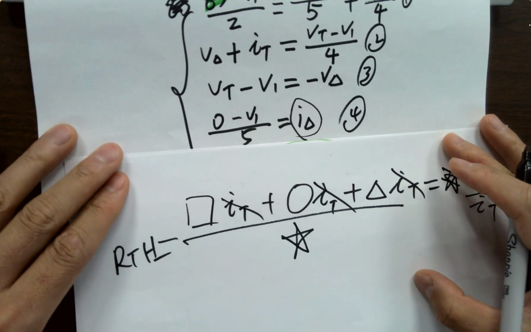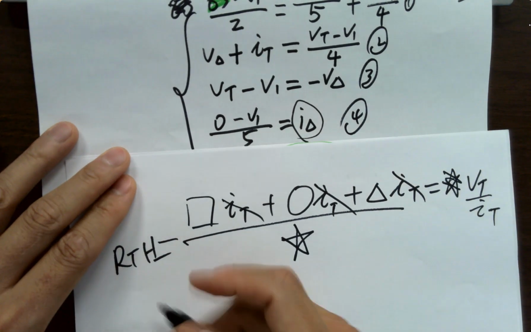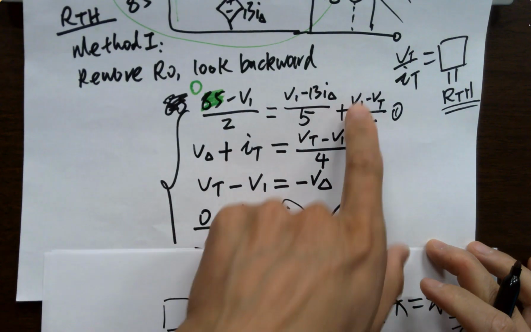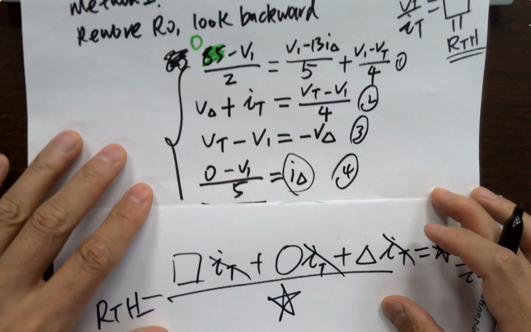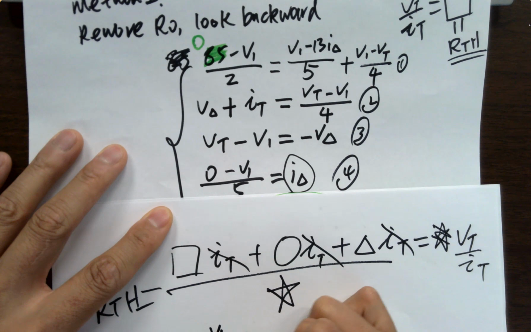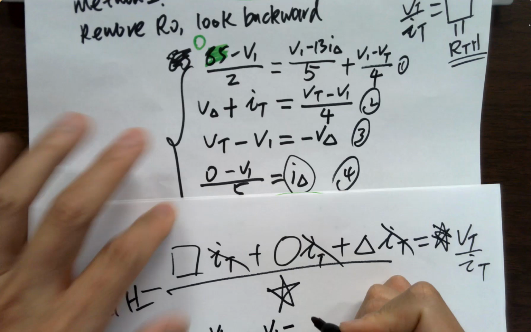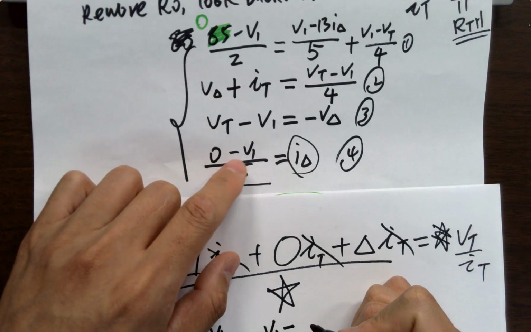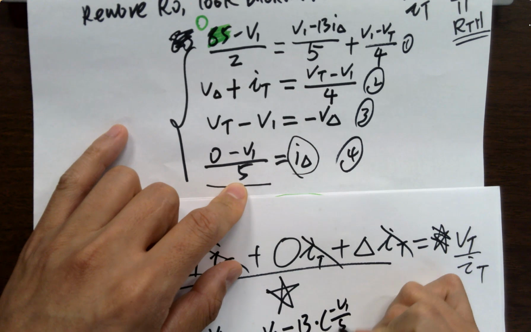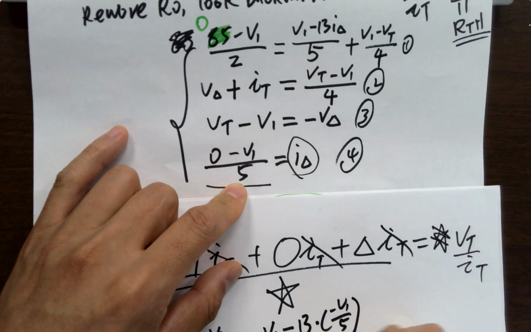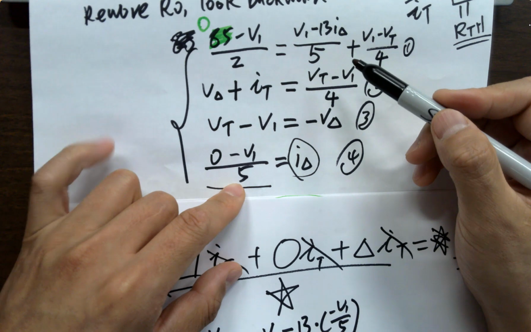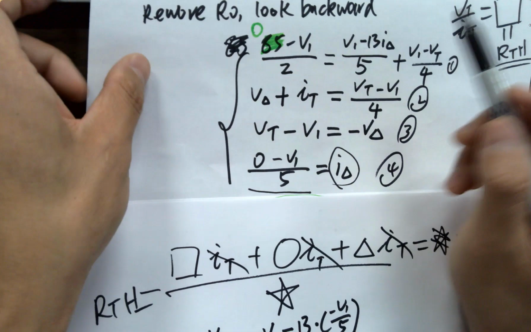So first, 4 into 1. That becomes minus V1 over 2 equals V1 minus 13 times this guy. Make sure I'm not making a mistake. That's 2 ohms actually, not 5.